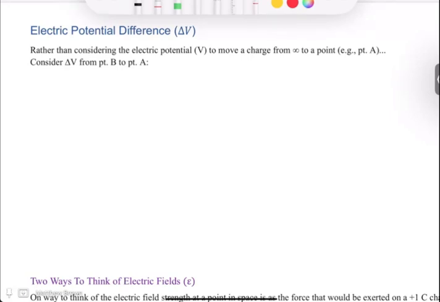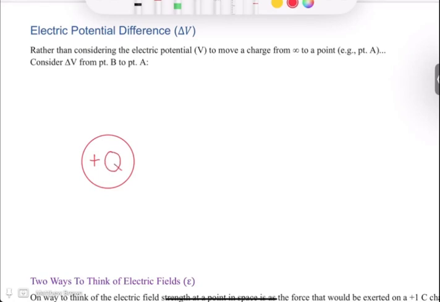Or rather, we can look at electric potential difference, delta V. And so rather than just considering V from infinitely far away to some point, we often want to just look at delta V, or what is the change. So if you did have, let's suppose we got some charge here. I'll make it big.